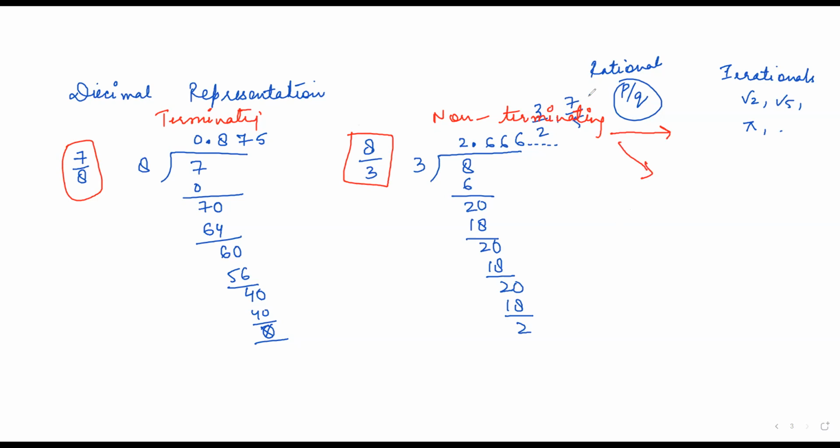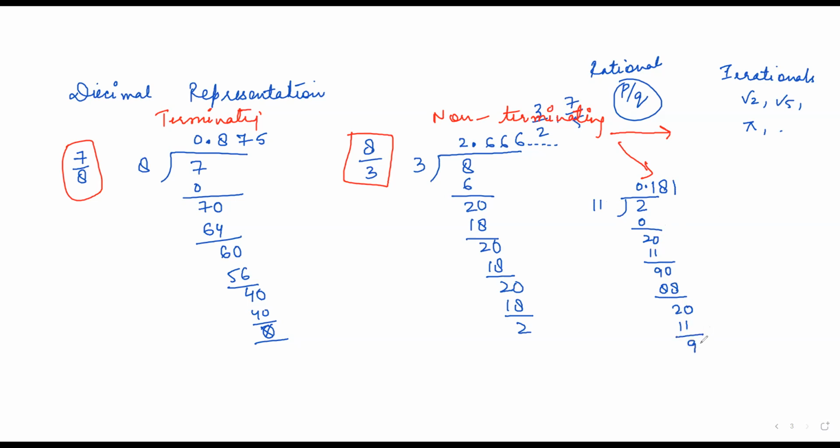Now let us take this example, let's divide 2 by 11. So you get 11, 0 times first of all, 0, 2. Put a point, put a 0. So 11 into 1 is 11.